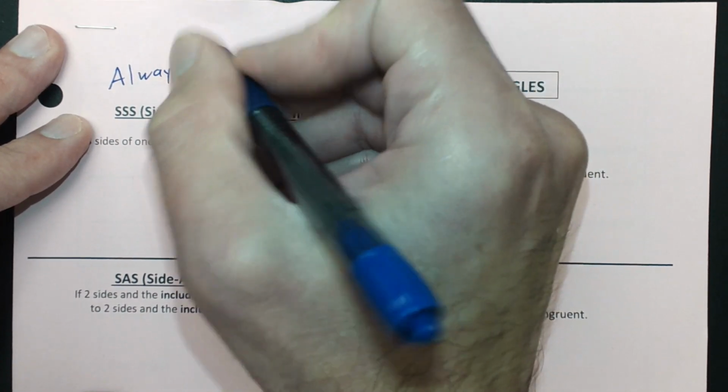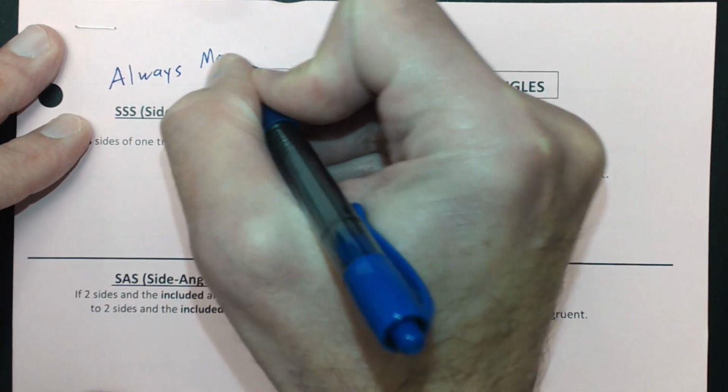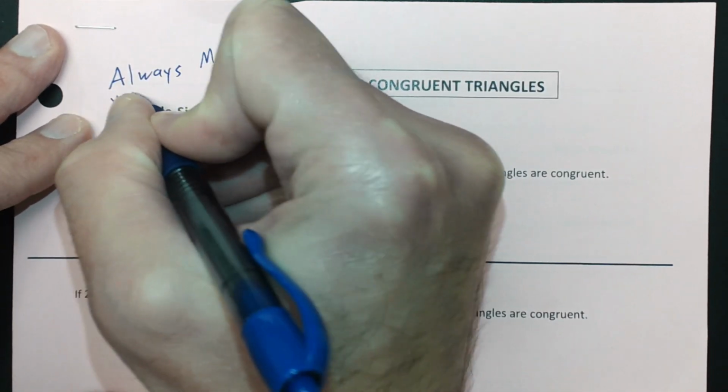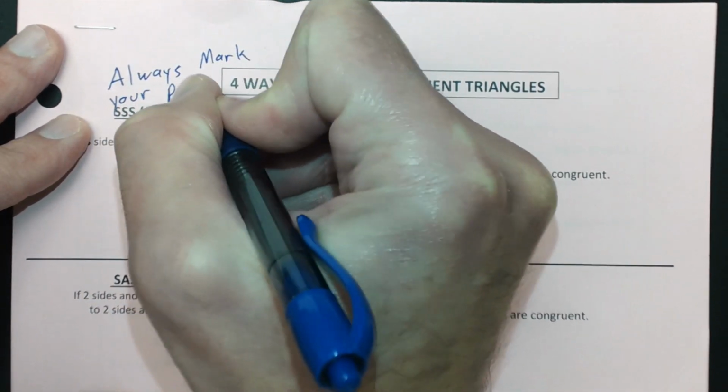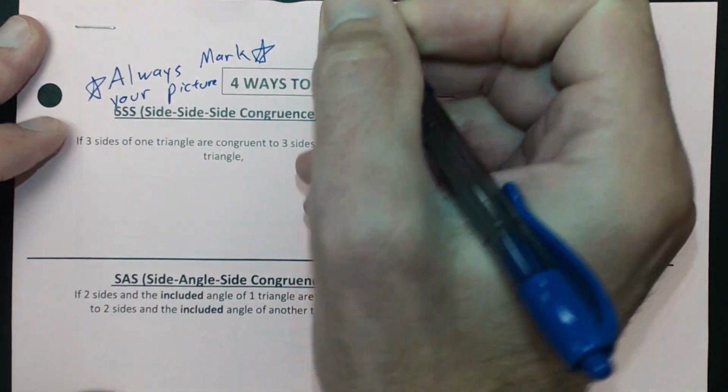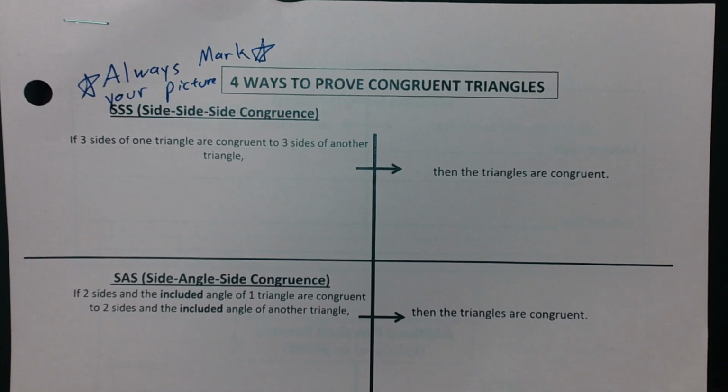Always draw a picture, or really, usually one will be provided, but always mark your picture. And when I say mark, using either hatch marks for the sides or arcs for the angles.